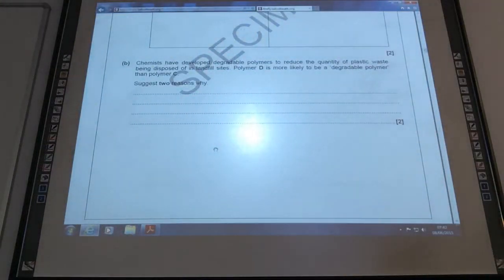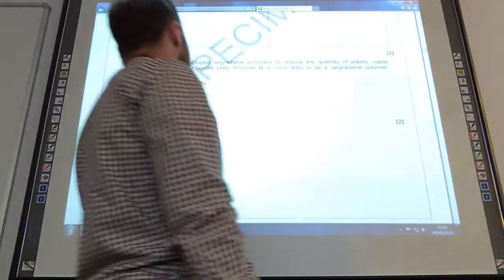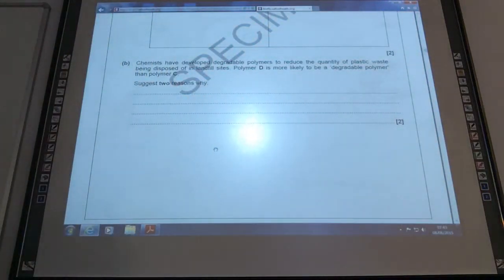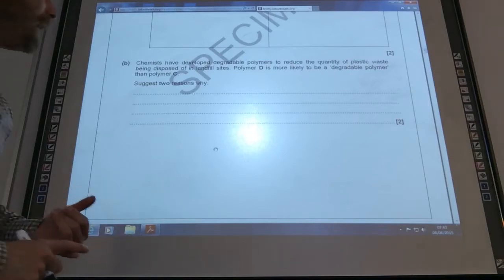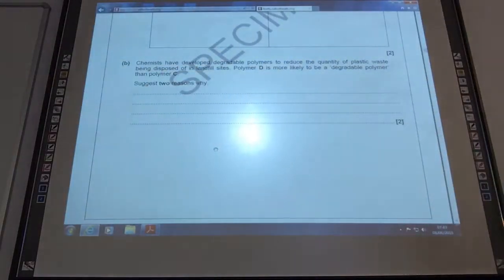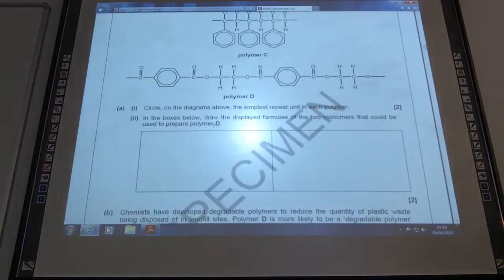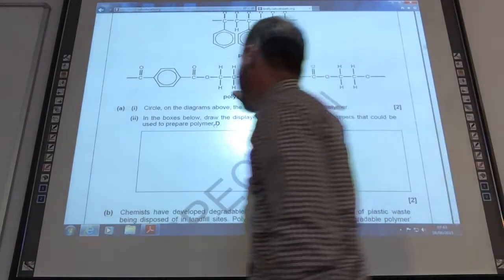So chemists have developed degradable polymers to reduce the quantity of plastic waste. Polymer D is likely to be degradable, or more degradable than polymer C. Why? If we look at polymer D, it is my polyester.